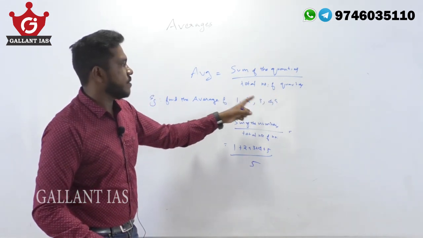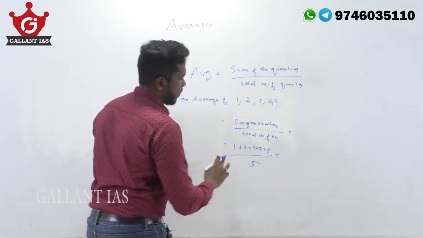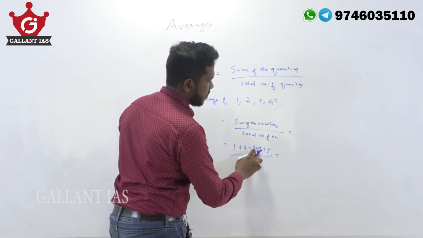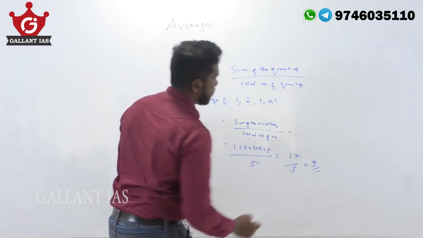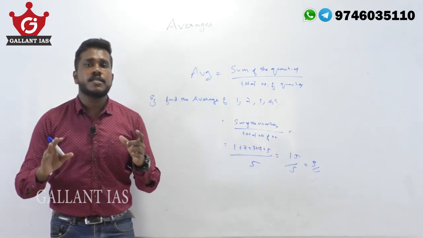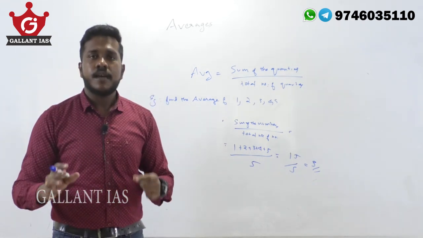On simplifying, you will get the average. Now let's check it: 1 plus 2 is 3, 3 plus 3 is 6, 6 plus 4 is 10, 10 plus 5 is 15. 15 divided by 5 is 3. So 3 is our average. This is the basic question, and you should know how to solve this type of question based on averages.